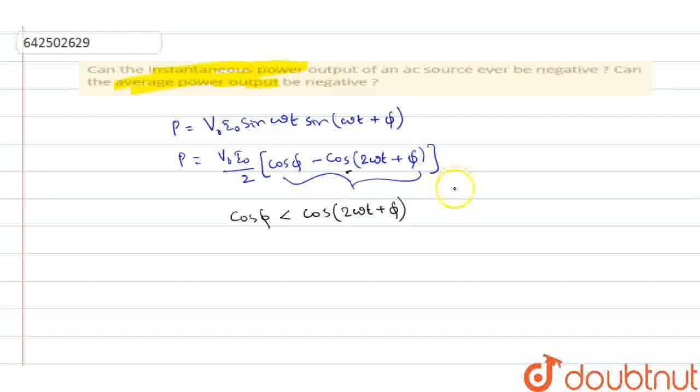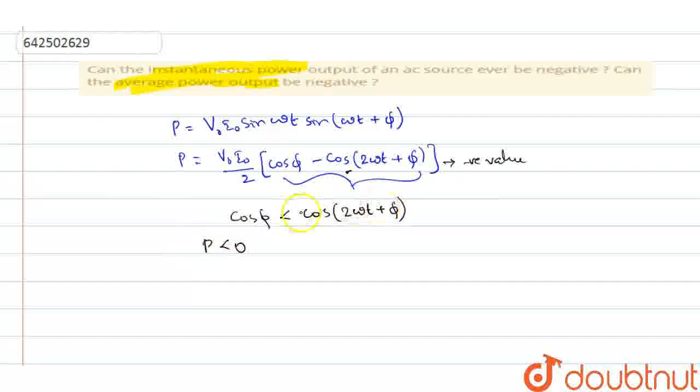So when you get a negative value, you can say that the P value will be less than 0. Since the term inside this bracket becomes a negative value, you can say that yes, the instantaneous power, what they have asked, can be negative.